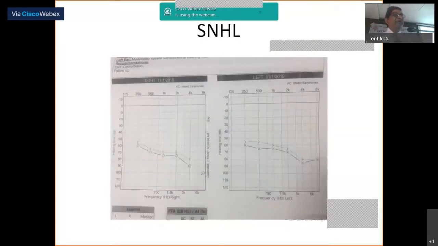So this is a patient who has got a recording well below 50 decibels. Both of them have come down. This is a case of mixed hearing loss. And if there is a gap, there is conductive hearing loss. If both of them are falling down, it's sensorineural.